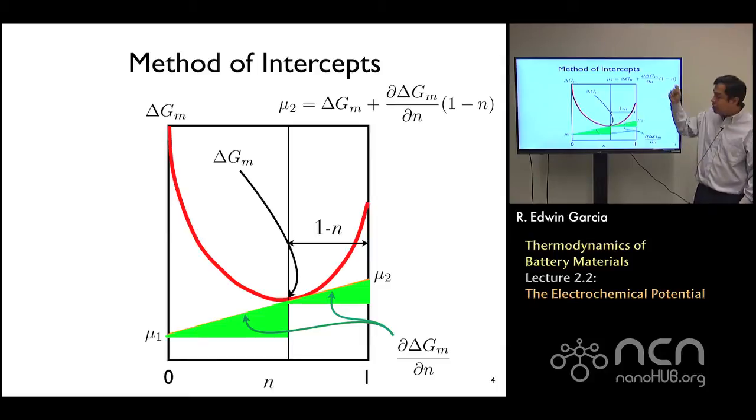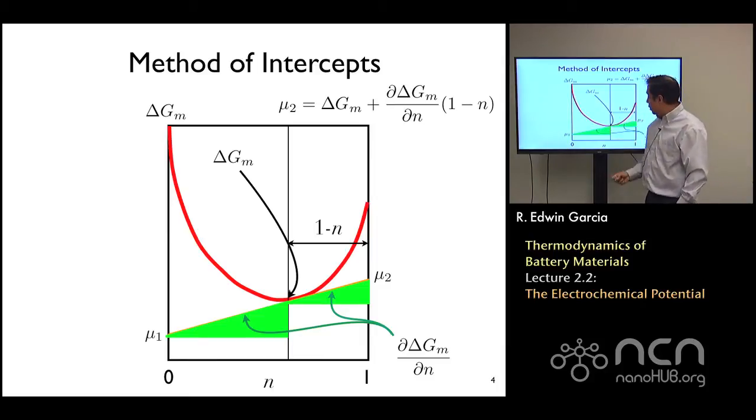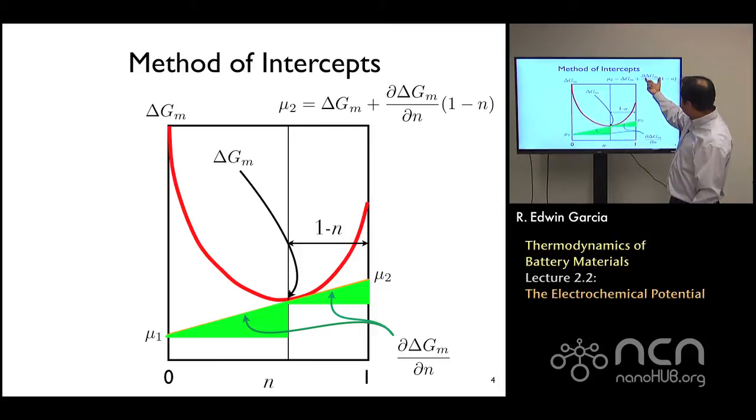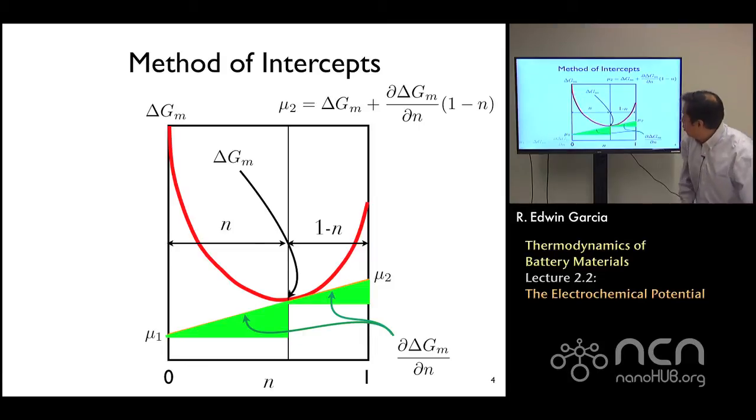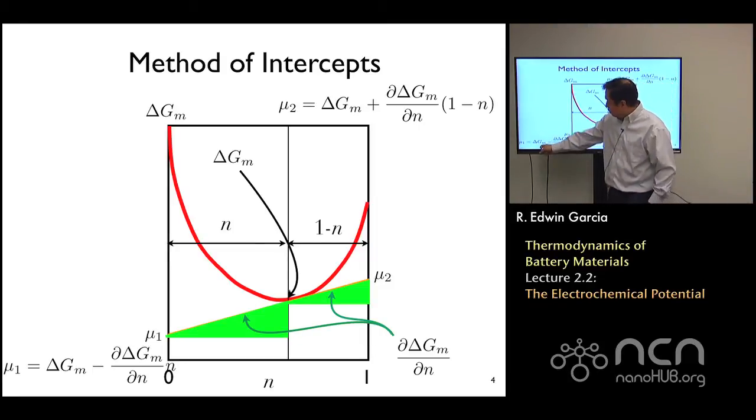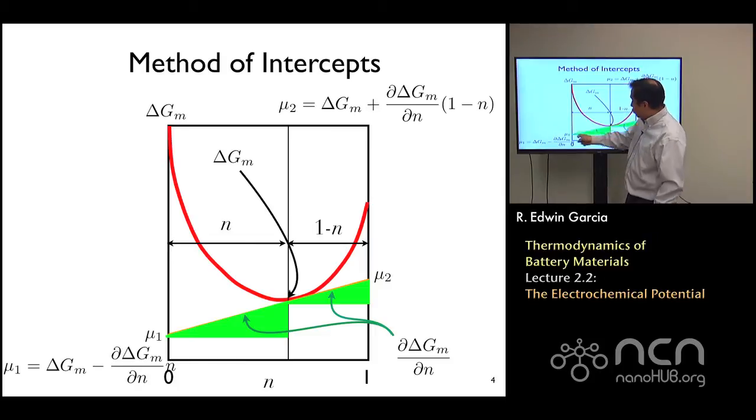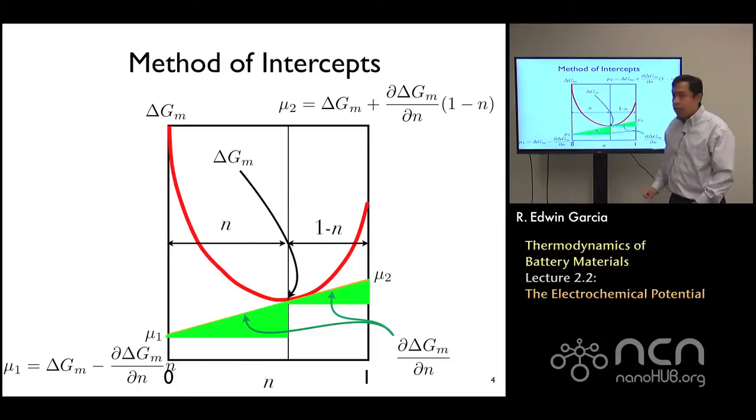We can do the exact same thing for chemical component 1, and in this case, instead of subtracting 1 minus n, we have to subtract n, with the linear correction from that slope. It would look roughly like this: the Gibbs free energy of mixing minus, because we're subtracting in that direction, delta Gm times n, and that will give you that value.